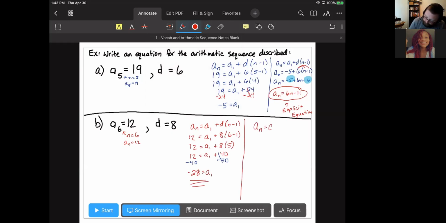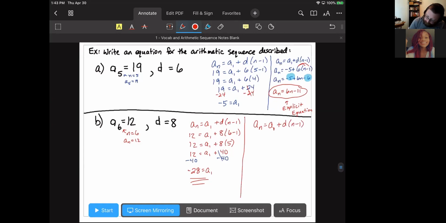Then we turn around and we solve for the actual equation. So we're not going to know the nth term. We're trying to write an equation for it. First term is negative 28. D is 8. And we're trying to write it in terms of n, so we don't want to put an n in there.